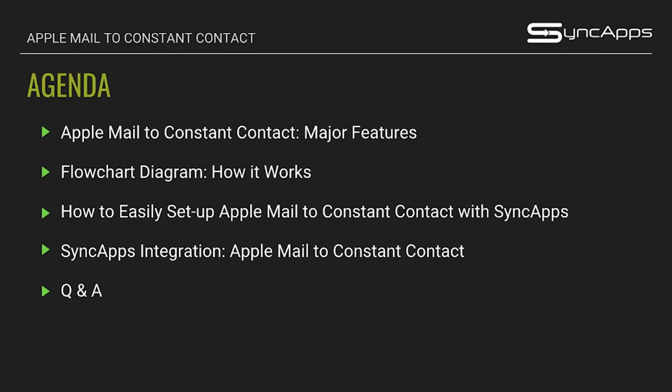Next, together with us today, we have a very special guest. Please welcome Clint, our CEO and founder at Cazoomi, and he will be showing you how you set up your SyncApps integration for Apple Mail to Constant Contact. And lastly, we'll have a question and answer portion, but if you have any questions during the webinar, you can always ask us through the chat box down below.